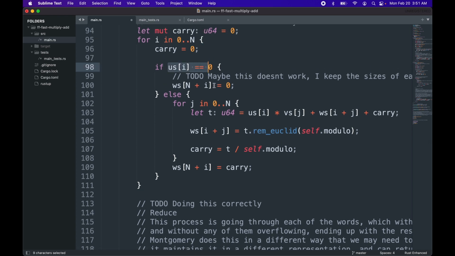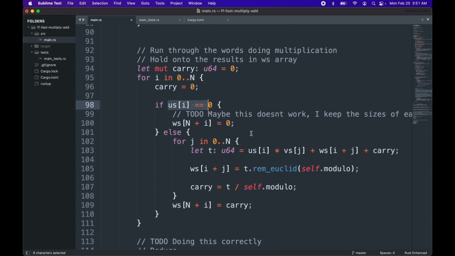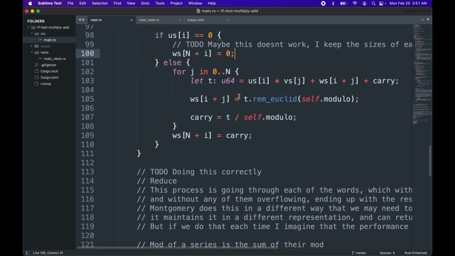So if the first input has a 0, then we know that 0 times anything is just going to be 0. So we can skip this. We don't need to, I don't think, but it might as well.